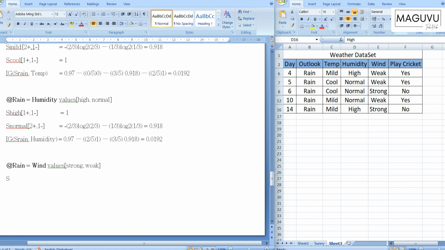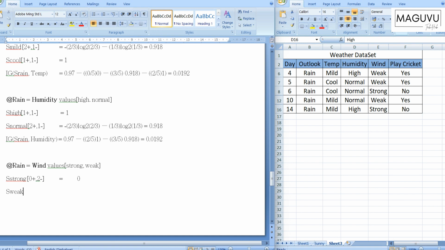If we are going to consider strong, and the proportion of strong there, we have got 2 strongs, and on both occasions cricket was not played, so it's 0 positive with 2 negative, and wherever we have got a 0, the entropy becomes 0.